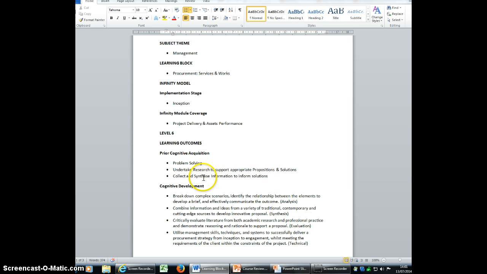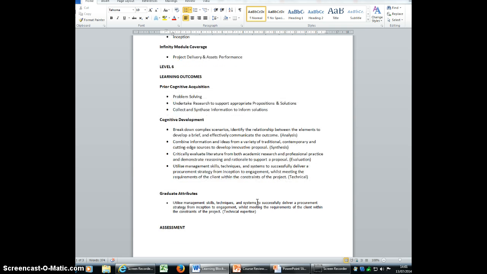So students leave, and this one here is far greater on the intellectual development, lifelong learning, graduate attributes. I don't want to emphasise this too much, but if it was an NVQ, it would be far greater on the bottom one than on the intellectual development. I haven't got the graduate attributes yet, so I've put that in there for the format, so I don't have to format again. When I get the graduate attributes, I'll put them in there.